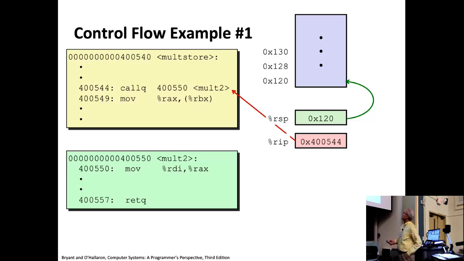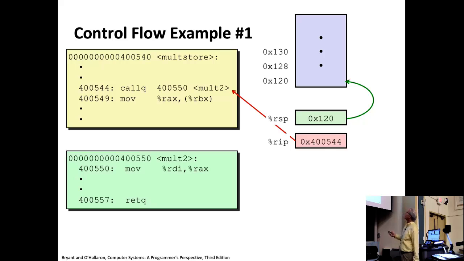Okay, so let's break this down into its simplest parts. Let's imagine a scenario in which the top of stack is at hex address 120, which is not realistic, by the way. And the program counter, which is called RIP, which is not anything to do with death, is indicating that the current instruction is this one at 544, which is this call instruction.